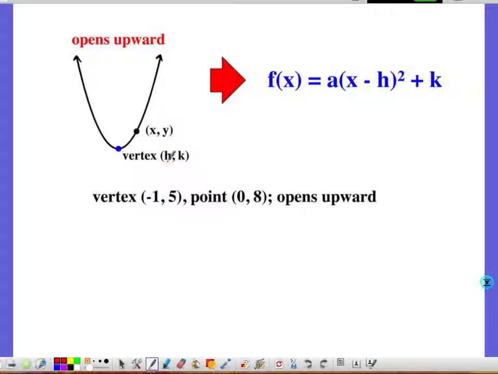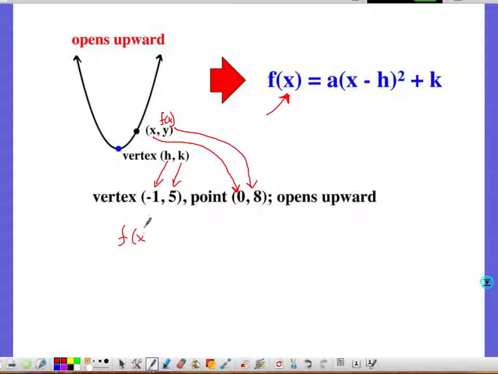So h is going to be -1, k is going to be 5, and my point is (0, 8), so that means that x is 0, and remember that y can also be called f of x, so f of x is going to be 8. Now in order to find our vertex form of the quadratic function, all I need to do is take h, k, x, and f of x and plug it into this form right here. So let's go ahead and begin.